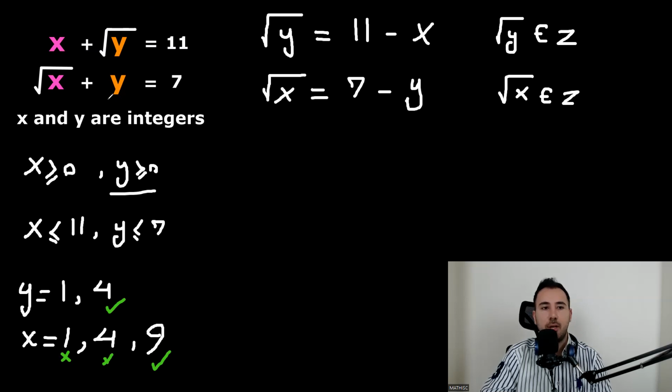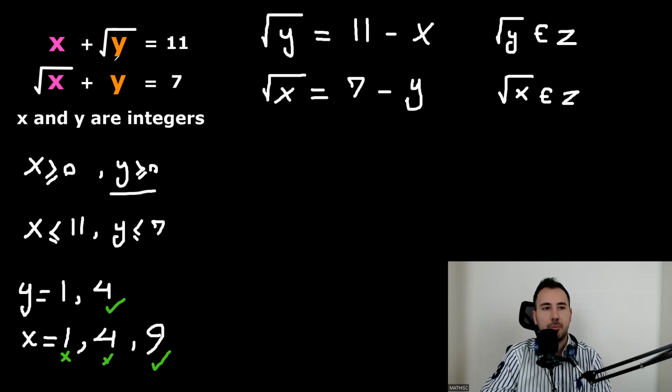If y is 4, okay, then the square root of x is supposed to be 3, which works. So x would also be 3. So these two seem to work, okay?